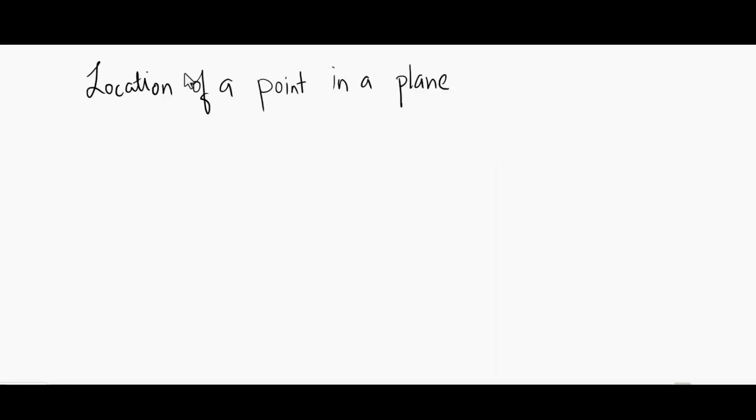Let us see. The first thing that we learn is how to measure the location of a point in a plane. So suppose that this is a two-dimensional plane, your screen, and on this plane there is a point P, and we want to measure the location of this point P. So how do we do that?